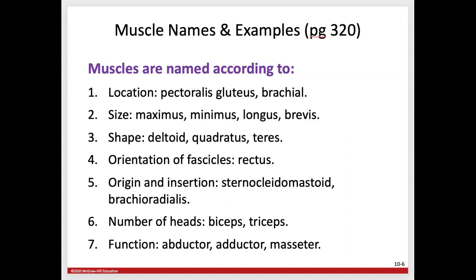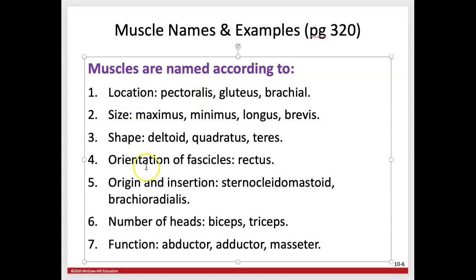So if it is pectoralis, major, actually this is a typo here. That should be a comma. But if it's pectoralis major, then it is named by the location as well as the size, because major is indicating size. If it is the deltoid, then a delta is a triangle. So the deltoid is named for its shape.